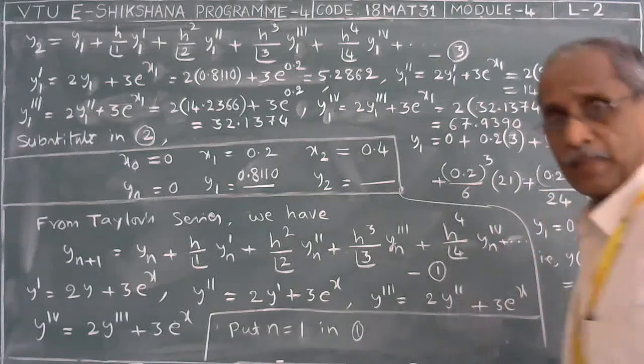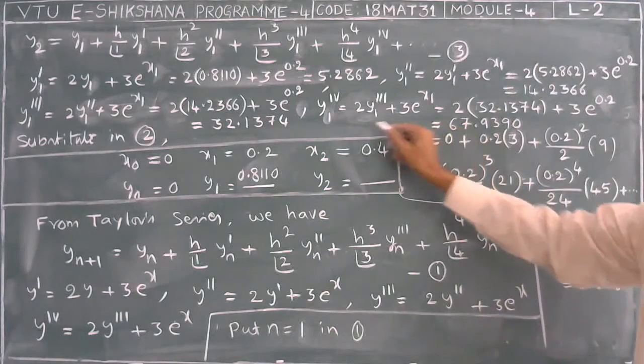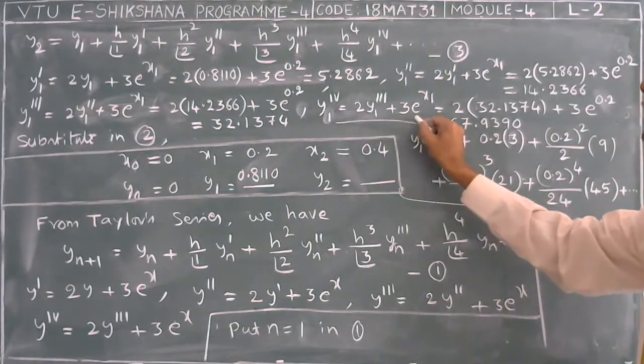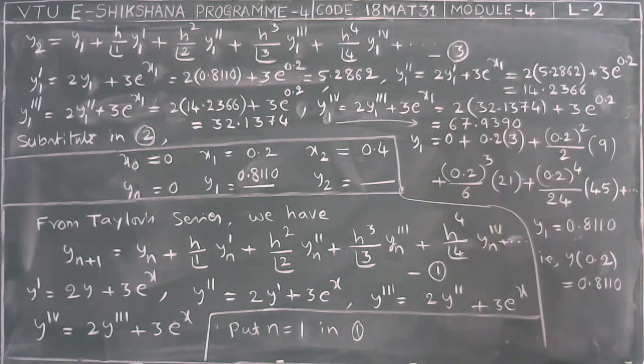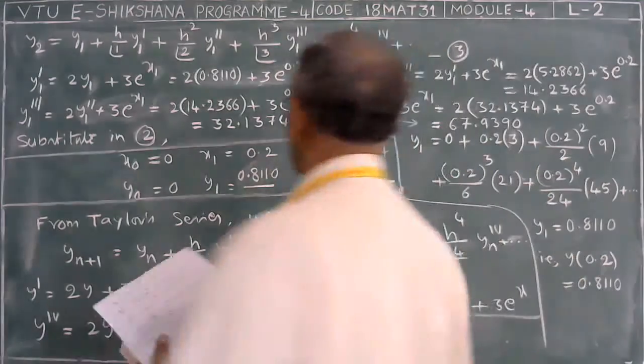So y1 4 is 67.9390. Now substitute in 3.